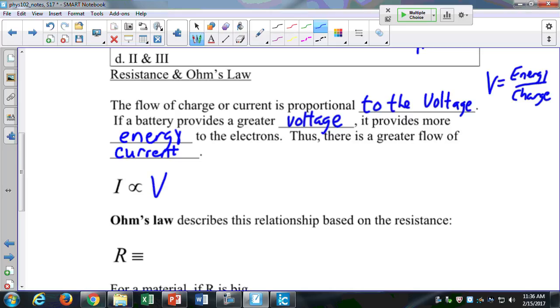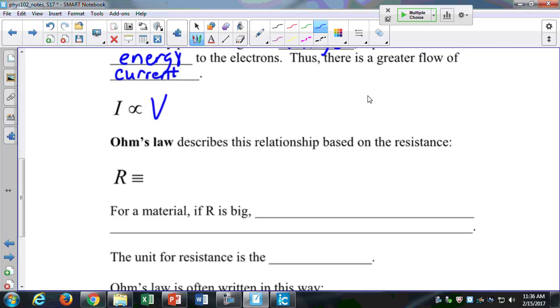And so Ohm's law describes this based on the resistance. And it says that R is equal to V over I. Or usually, as we write Ohm's law, we write it this way. So if you're an electrician and you use Ohm's law, this is probably how you think of it: the voltage and the current are related by the resistance.